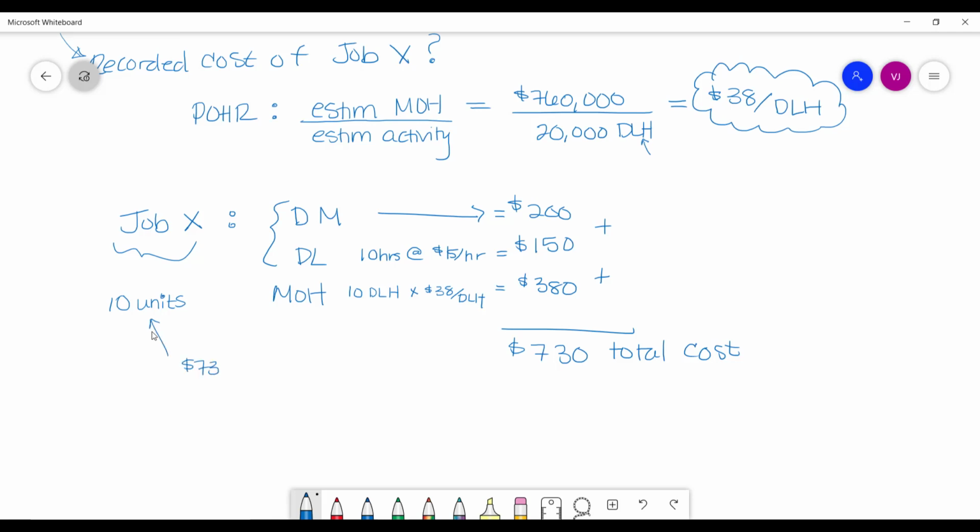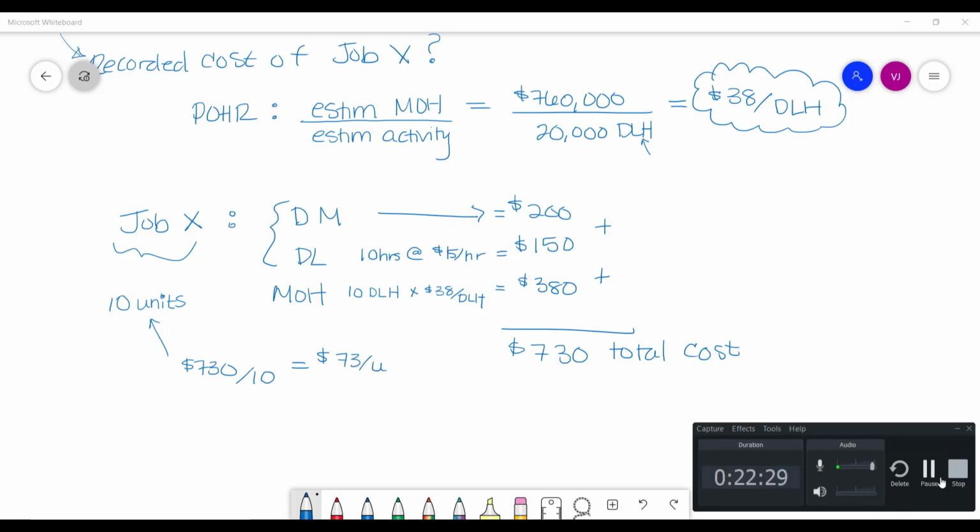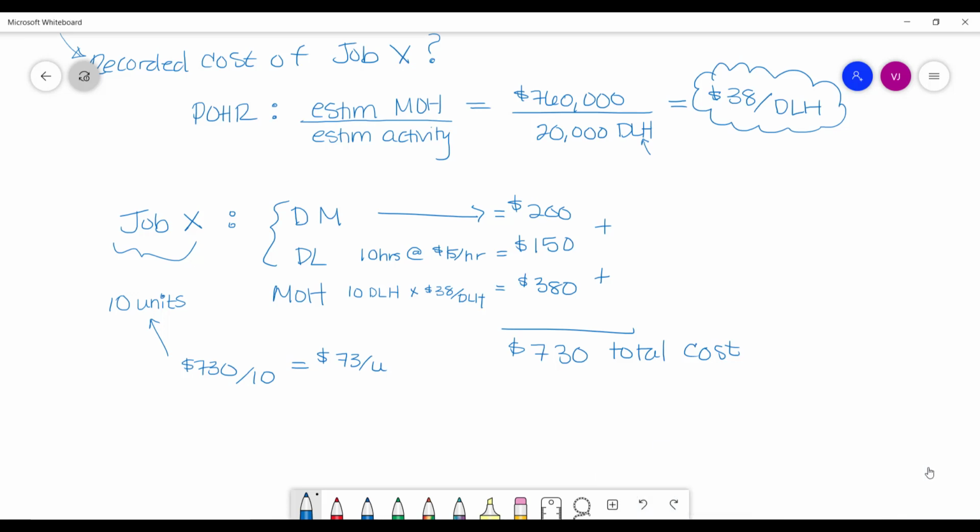Well, if the total cost of the job was $730 and we made 10 units with this job, that means that the recorded unit cost of each unit within this job is $73. $73 per unit there.